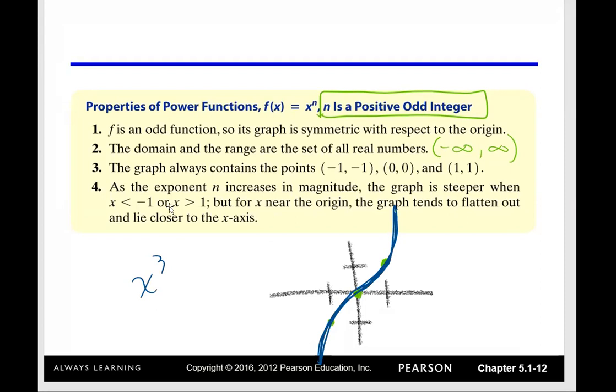As the exponent n increases, so if you go from x cubed to x to the 5th to x to the 7th, the graph is steeper when x is less than -1 or greater than 1, but for x's near the origin, it tends to flatten out. There'll be that flattening again.